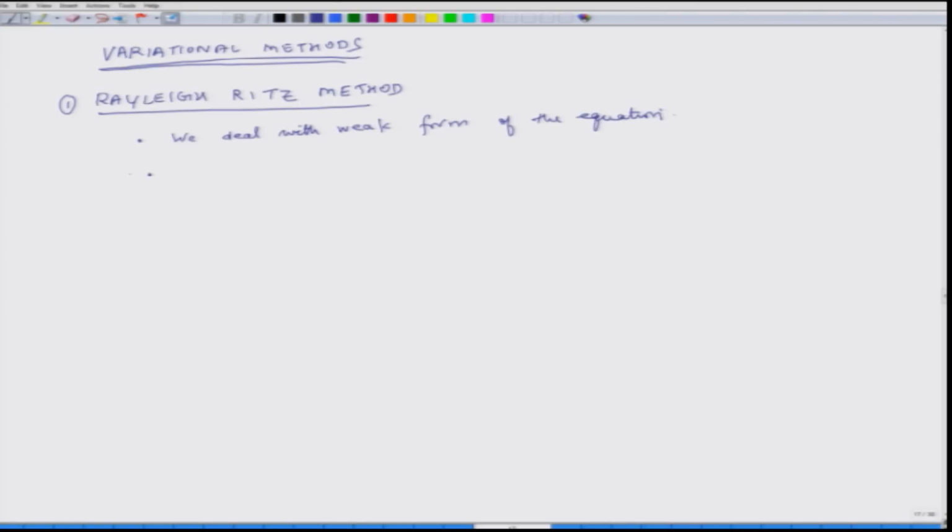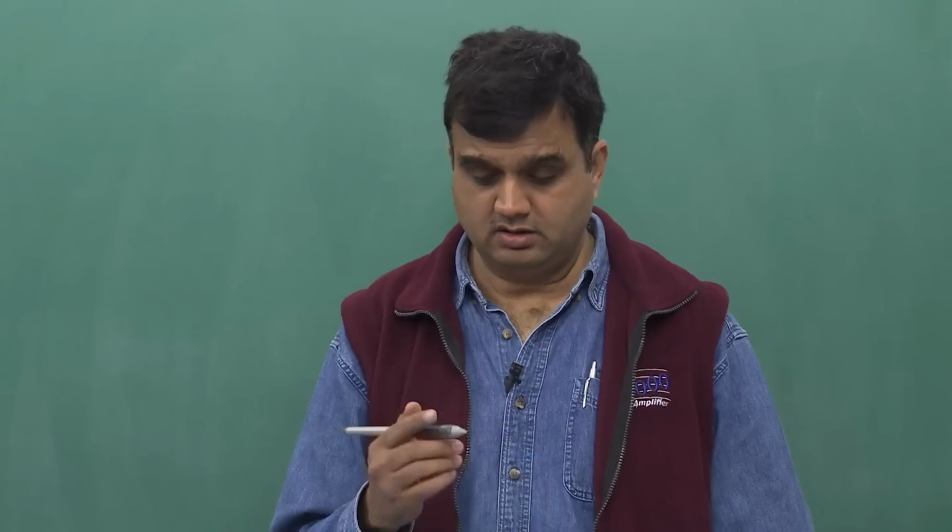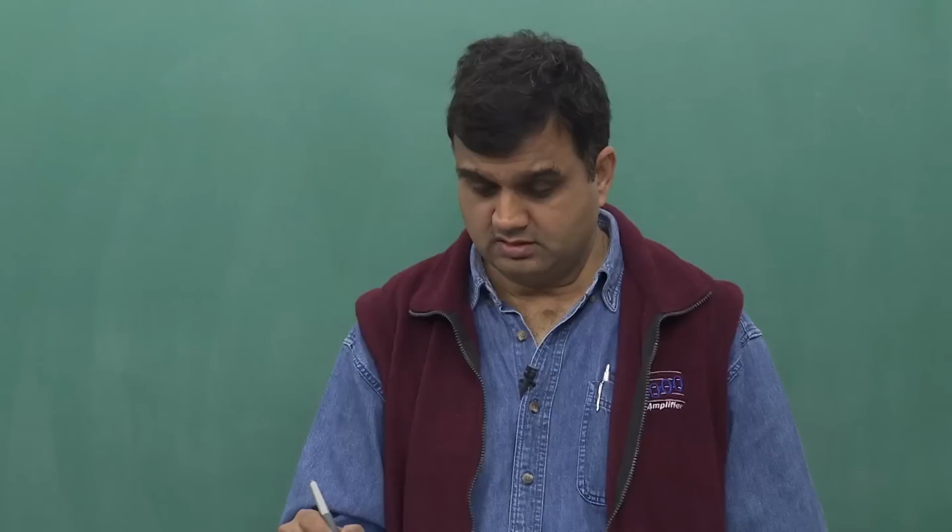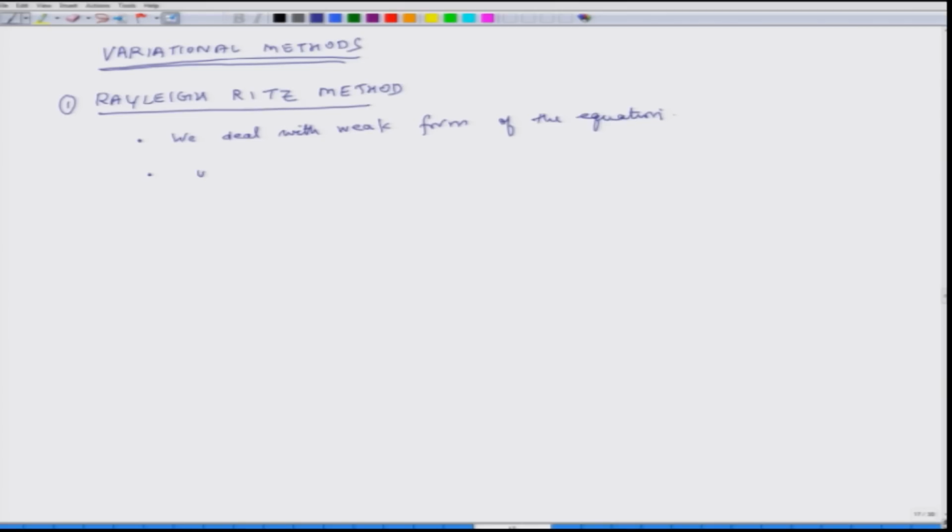Second, when we pick the phi's, we pick them in the way that u equals the sum of phi j times c j, with j equal to 1 to n, and these phi's are linearly independent. We cannot pick functions which are linear functions of others.